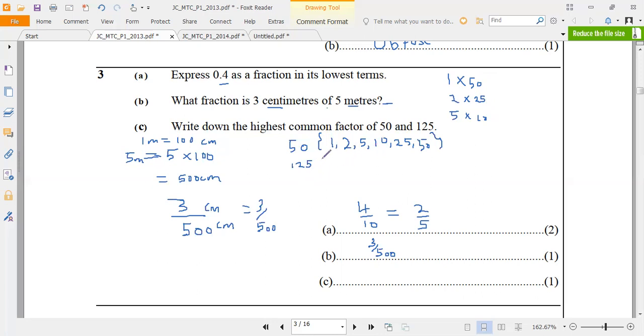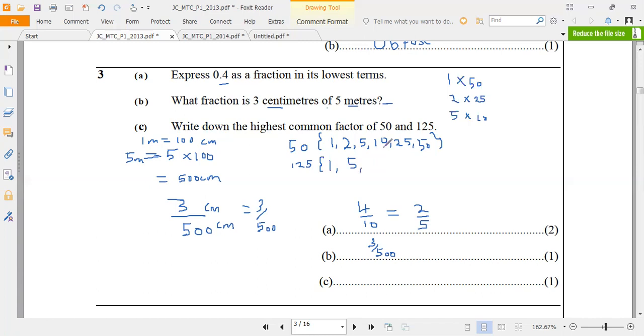So if you are to list the factors of 125, we have 1 is a factor of 125. We have 5 is also a factor of 125.